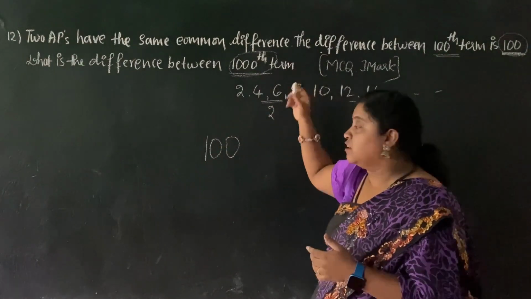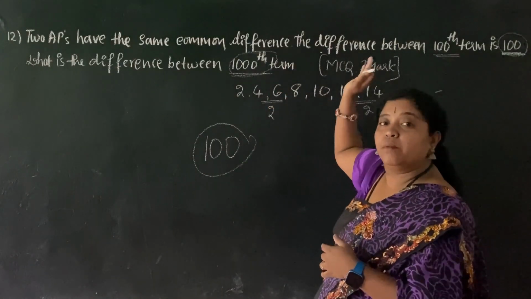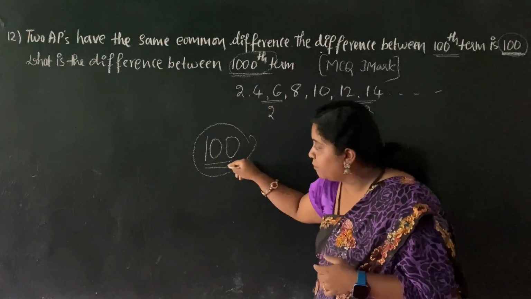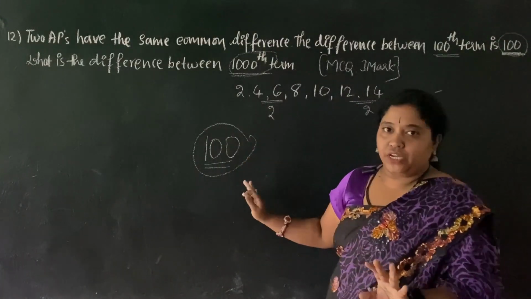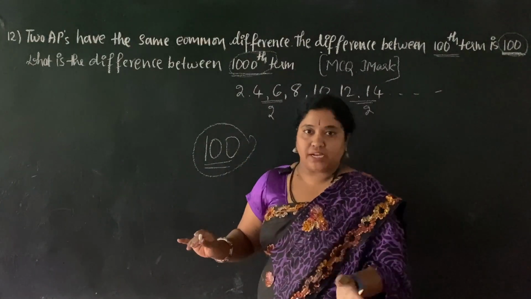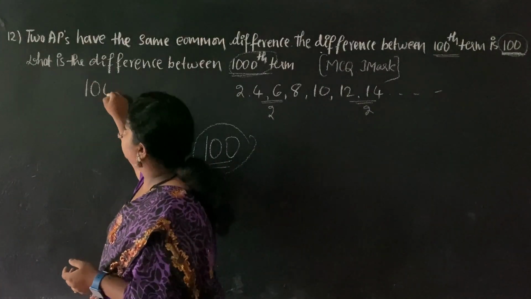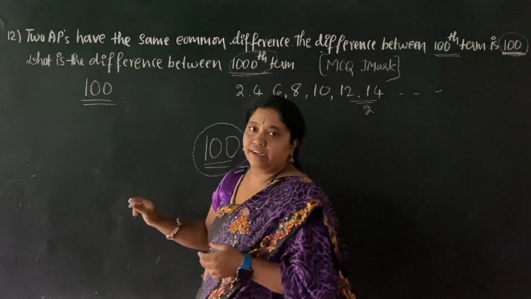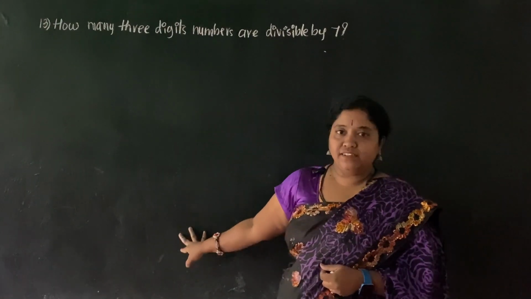And the lakh term also will have the common difference 100. If you write the crore numbers, then also the common difference would remain the same, that is 100. Never going to change. Getting my point? So the answer is here, the common difference is 100. Understanding? So now we'll move to the next question, that is the 13th question dear.